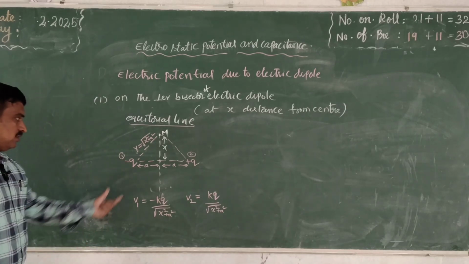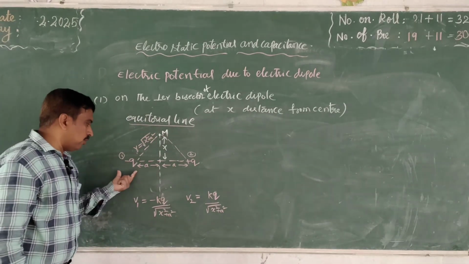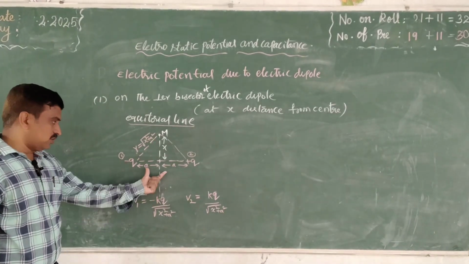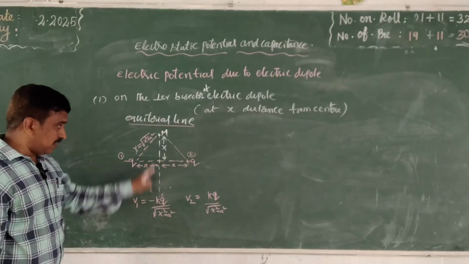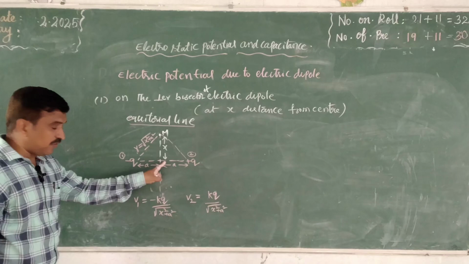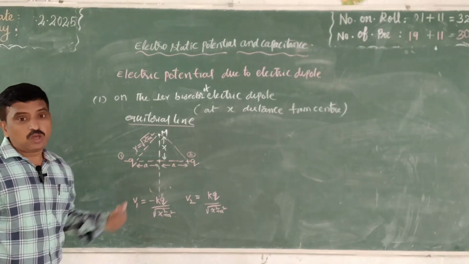Again, listen once: this is the electric dipole, minus q and plus q, separated by a small distance 2a. The equatorial line means the line which passes through the center of the electric dipole and is perpendicular to the axis of the dipole.